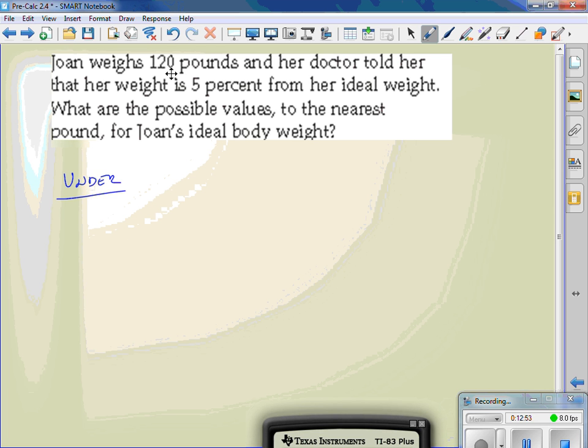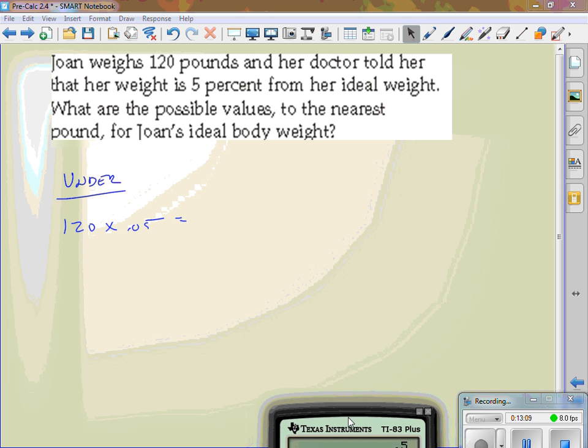what do I need to do? It takes 120. What do I multiply it by? Okay, I can multiply by 0.05. And what do you get? 6. 6 pounds. Okay.